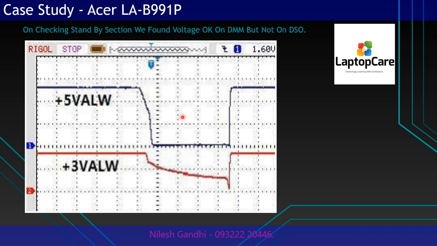The question is where, because if we see on the schematic, this plus 5 volt always goes to many places after its generation. Then how do we determine where this fault is lying?